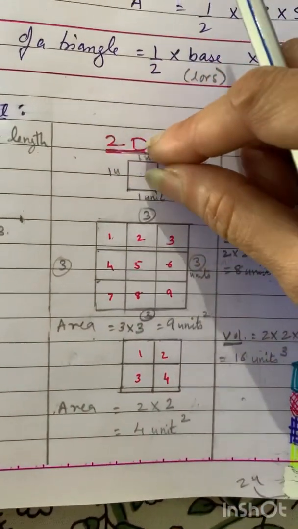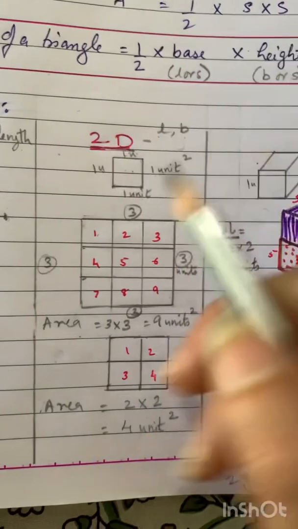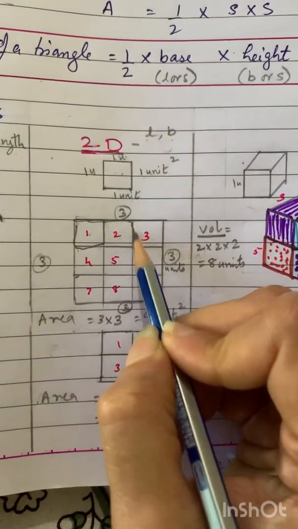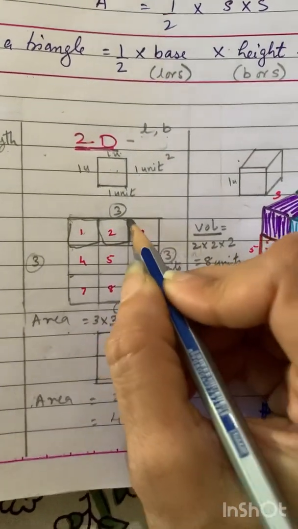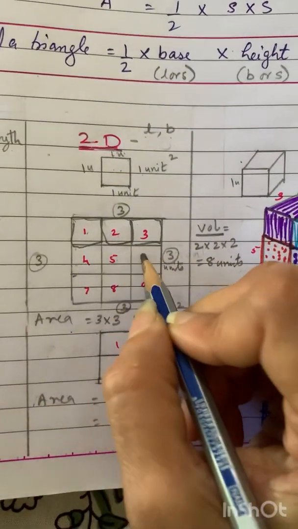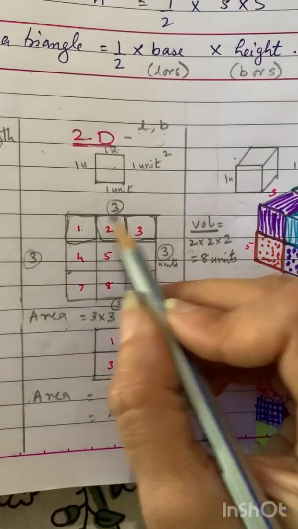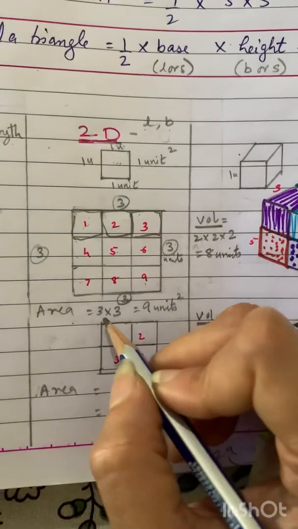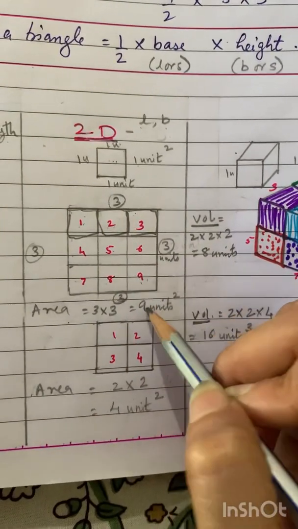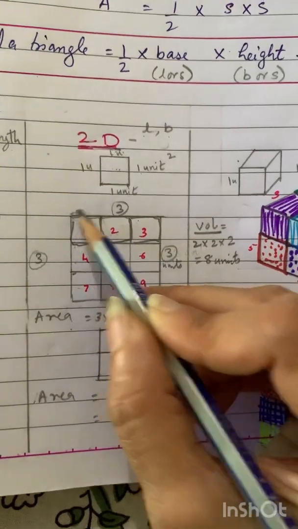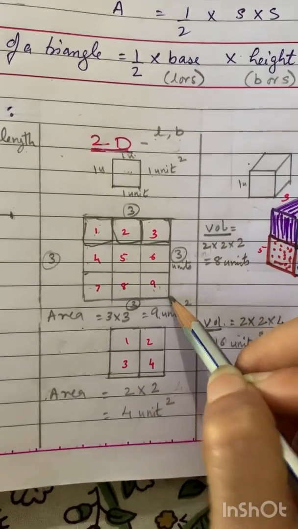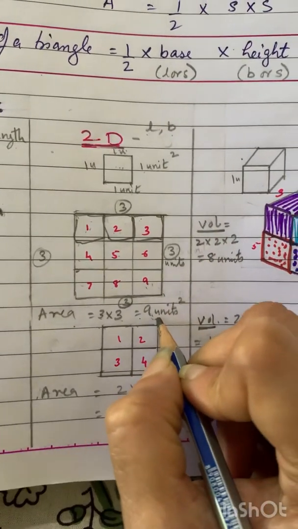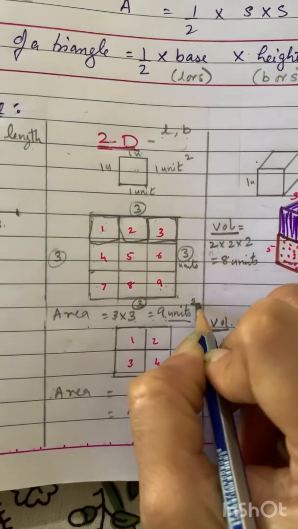If I take this and put it on this box, I see 1, 2, 3, 4, 5, 6, 7, 8, 9. So 9 units will fit in this much area. So my area is 9. How did you get this 9? It is this length into this breadth, 3 into 3 is 9. Now the units we write as square.